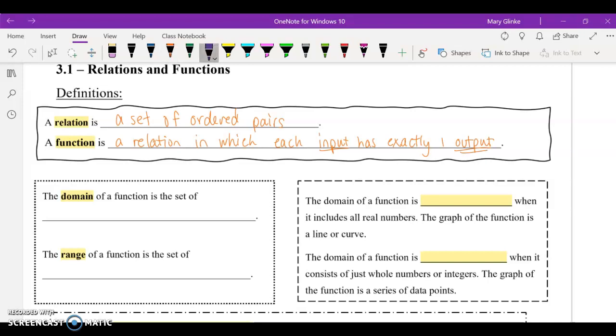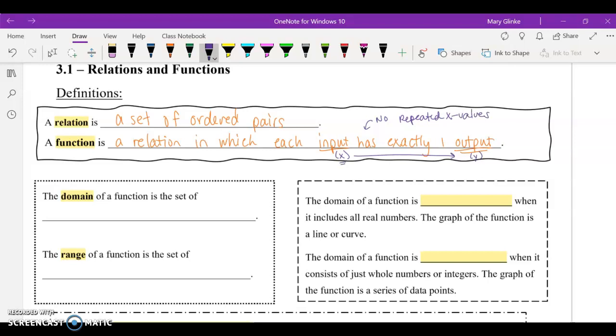So what that means is your input is going to be your x values. Your output is going to be your y values. So for each x, there's only one y value, meaning there are no repeated x values.